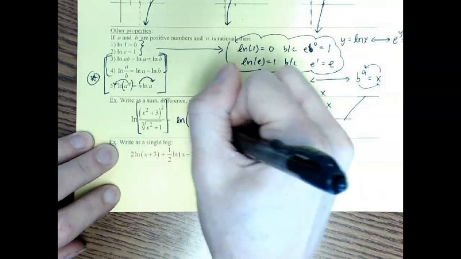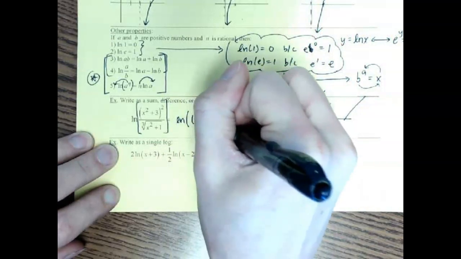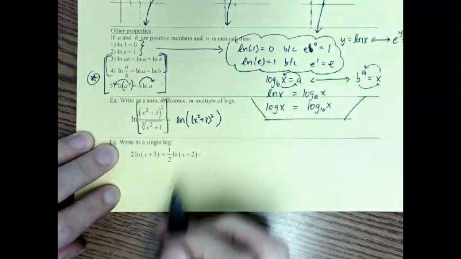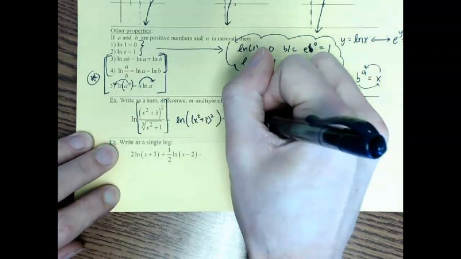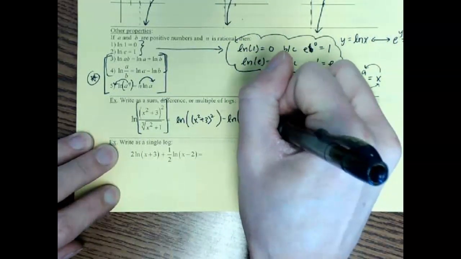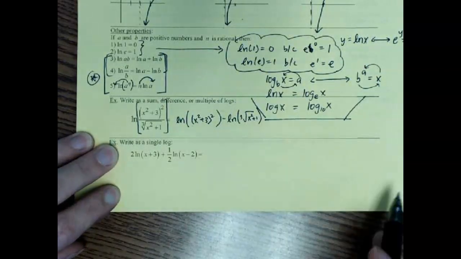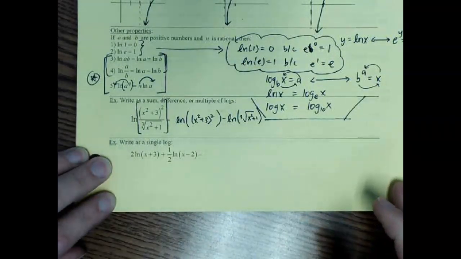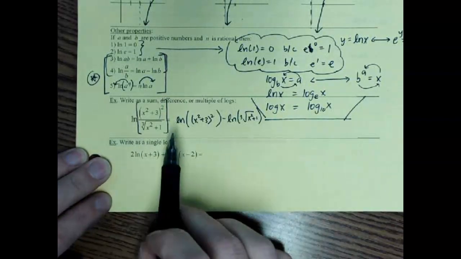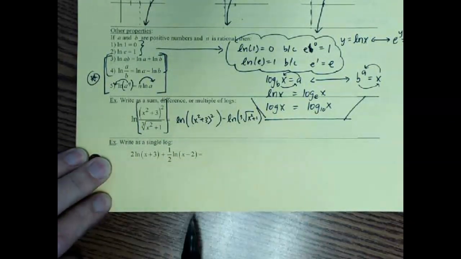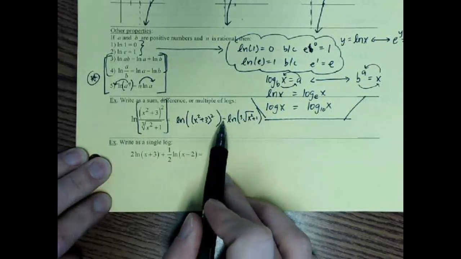So I'll have ln of x squared plus 3. That was on the top. That one was on the bottom. So we'll do minus ln of the cube root of x squared plus 1. I shouldn't have made so much room on that one. Oh well. And now we're still not done because we could simplify it a little bit. We took the division. We split it up into the subtraction. The stuff that was on the bottom, of course, that's the one that's being subtracted.